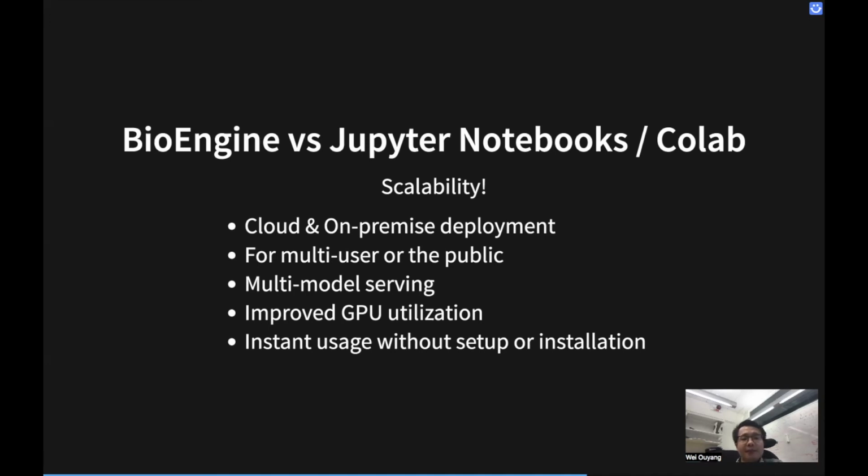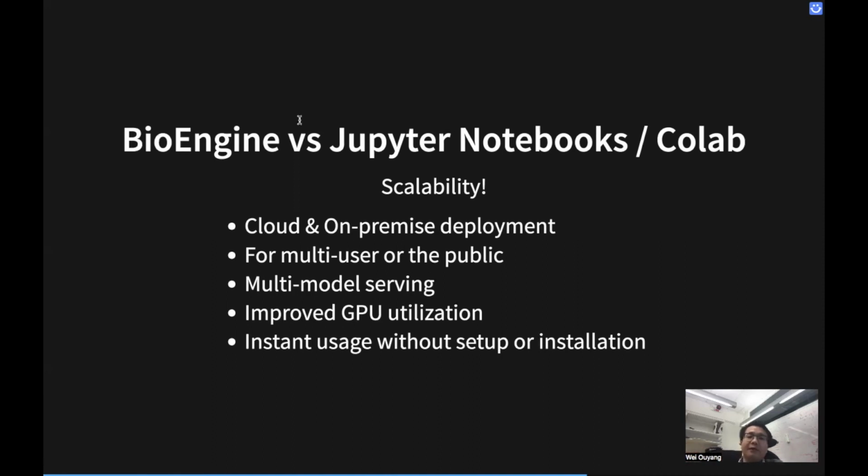We are still fundamentally limited by how many GPUs we have, but the assumption is that in most cases, not all the users are going to use it all the time. Or the code sometimes performs pre-processing on the CPU, and at that time, with the BioEngine, the GPU time can be used by other models.